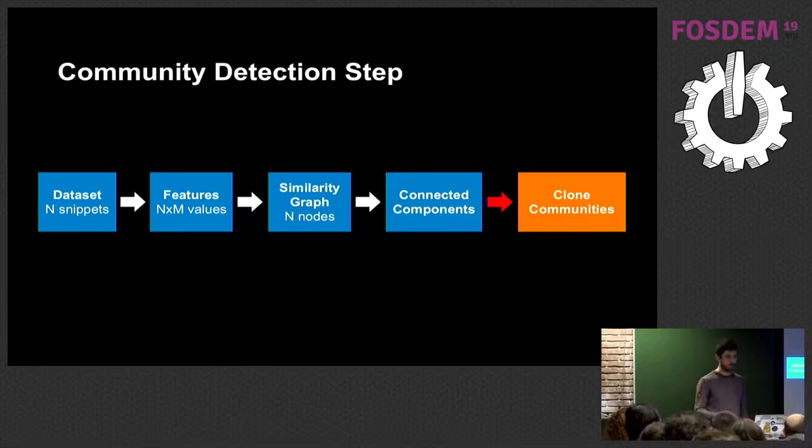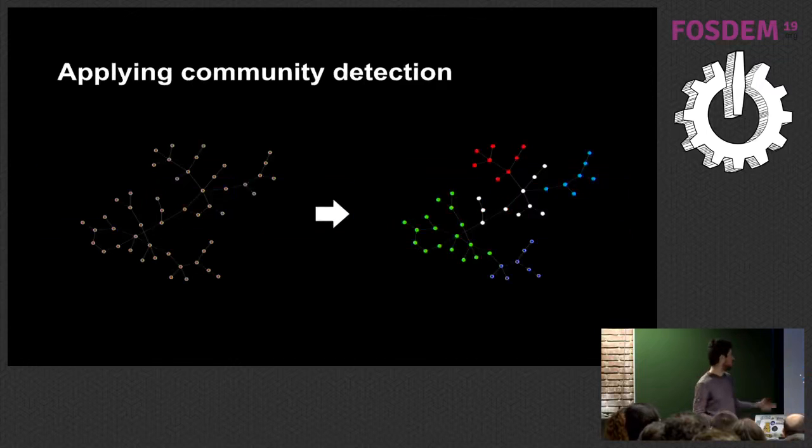So this is why we do the community detection. It looks something like this. You can see it puts into the same groups files that are relatively close, depending on the structure of the edges.